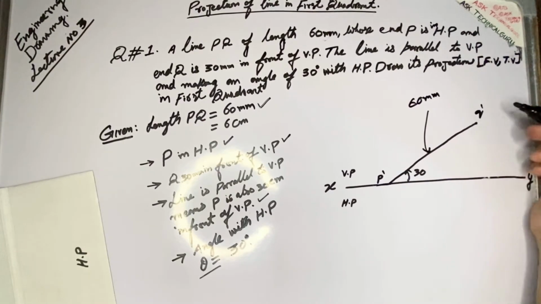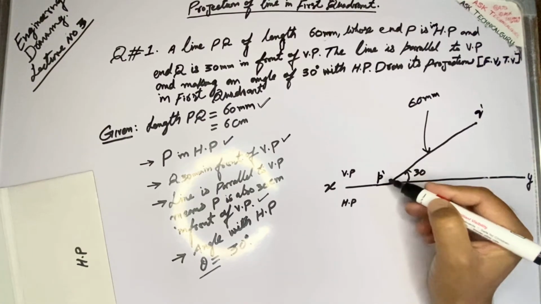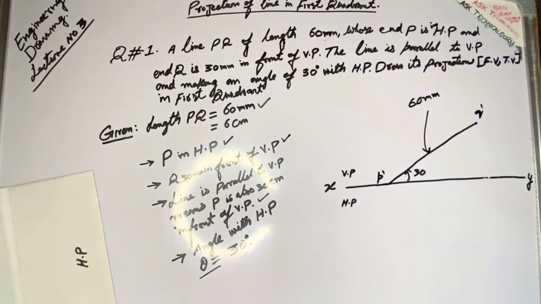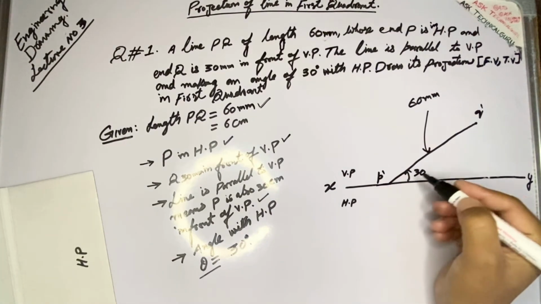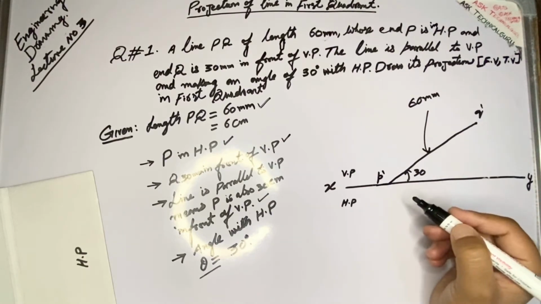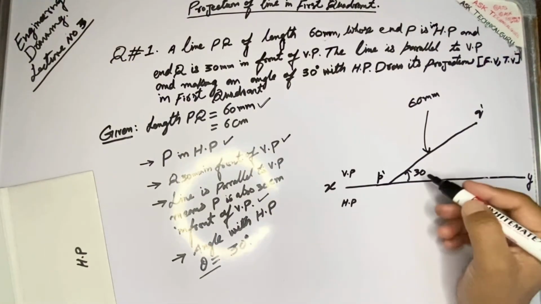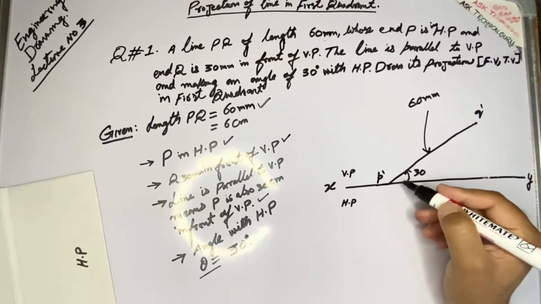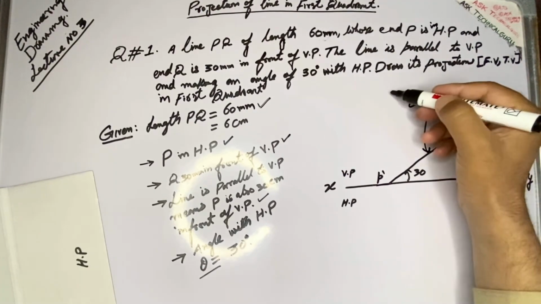This is Q dash. Okay, you have to represent the front view with small letters and dash on it, P dash, Q dash. Okay, PQ is the line, but this is the true length.